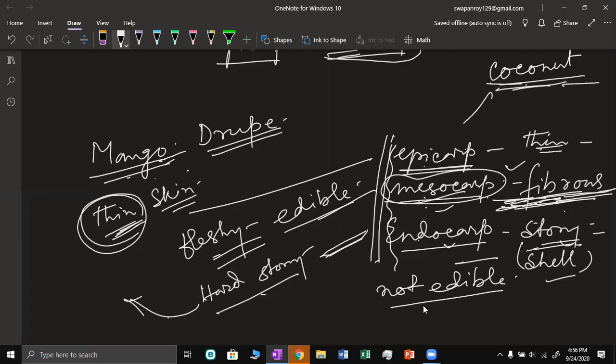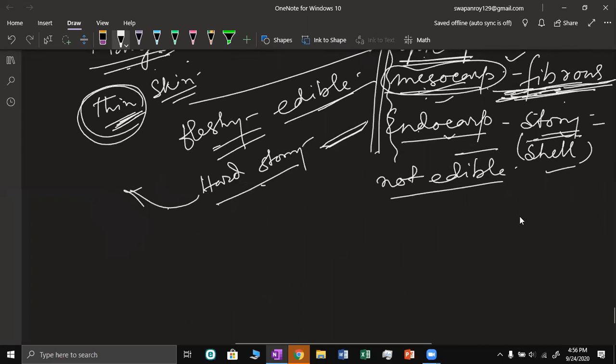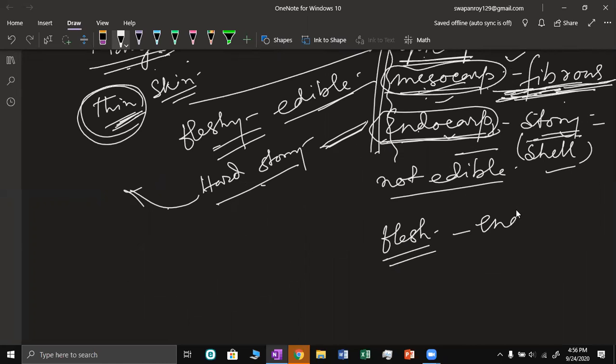Then what is the edible part? The edible part is within the shell. After breaking the endocarp, we get the seed, and within the seed, the flesh that we eat is actually endosperm. This is actually part of the seed. So here the fruit is not edible, a portion of the seed is edible.